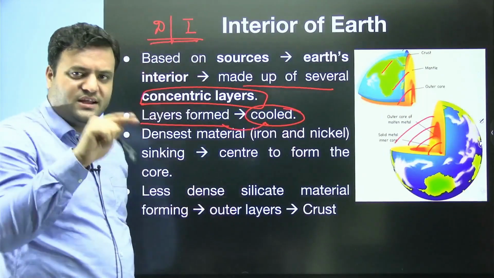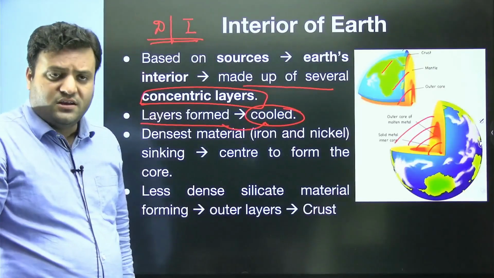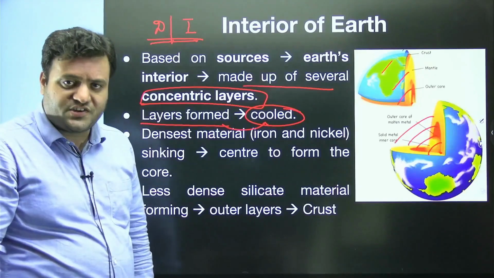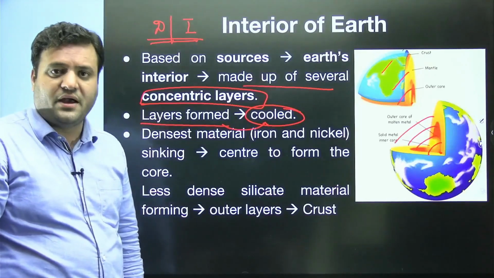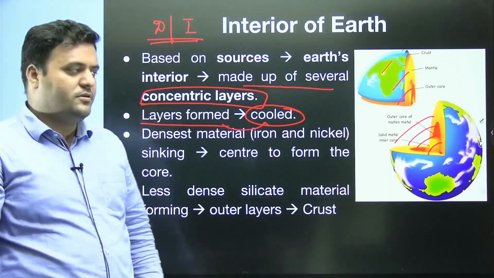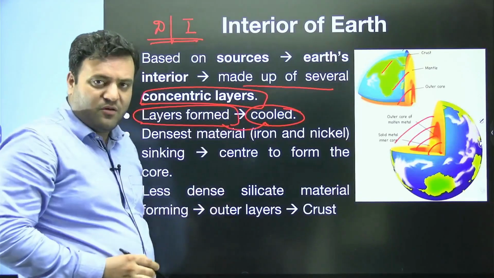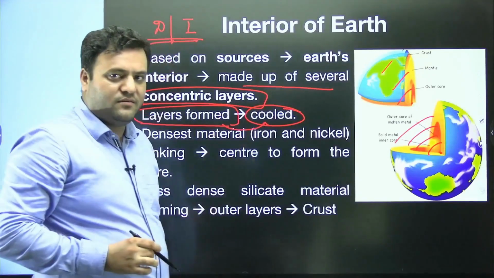I hope you remember the nebular hypothesis and the planetesimal theory and all other relevant theories which justify how our solar system and our Earth could have formed. So the layers of Earth would have been formed because of the cooling.